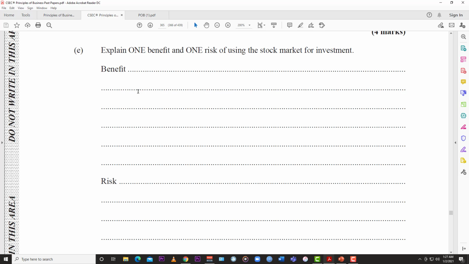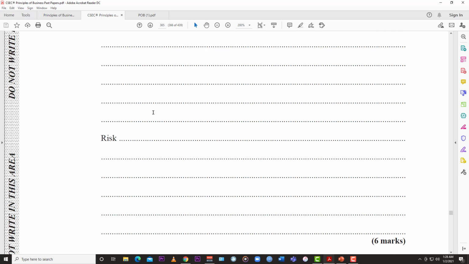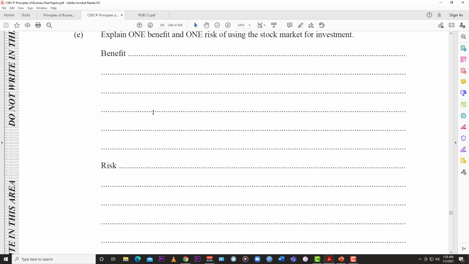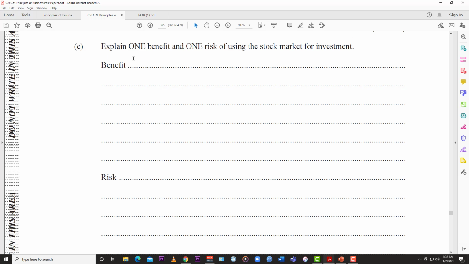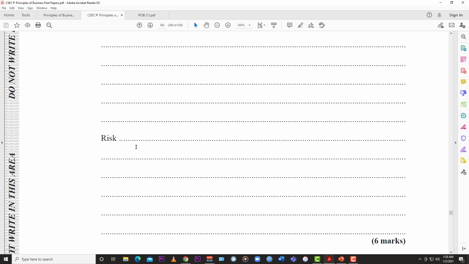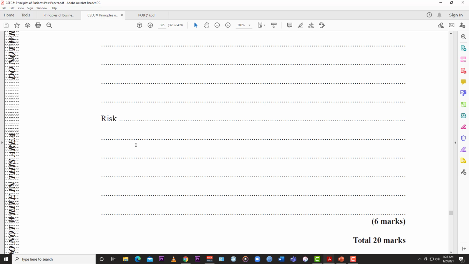Yes, it has its advantages, and it has disadvantages. The risk can be great, but so can the reward, and so you have to measure those things. All right, so if you explain those two factors, one benefit, one risk, you would gain your 6 marks, and that would be it for question 4 of the 2018 POB paper 2.